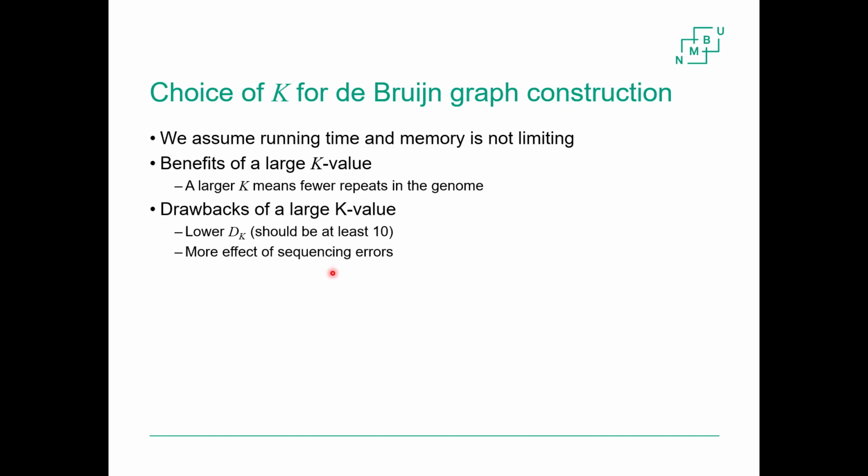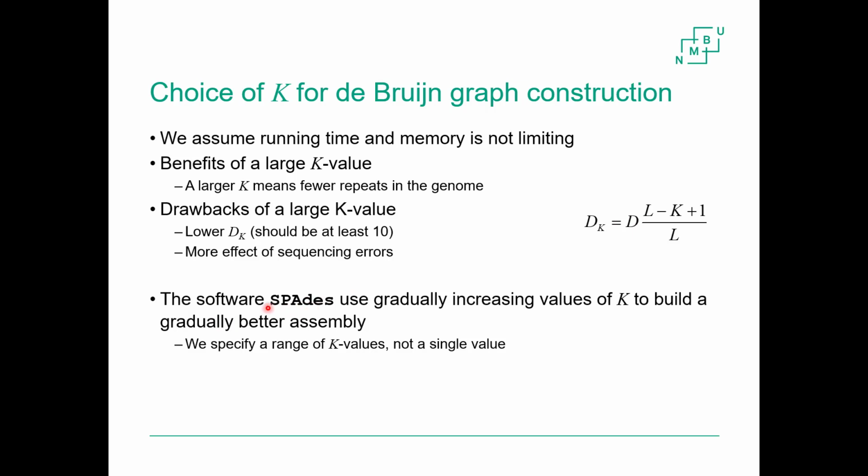So if a read has one error and you use very long k-mers, then almost all the k-mers have this error inside them somewhere. Remember this formula for the k-mer coverage, and you can see here if k is very big, close to L, then this fraction here becomes close to 0, and this one becomes much smaller than the read coverage. So you actually lose all the coverage information if you use a too large k-mer.